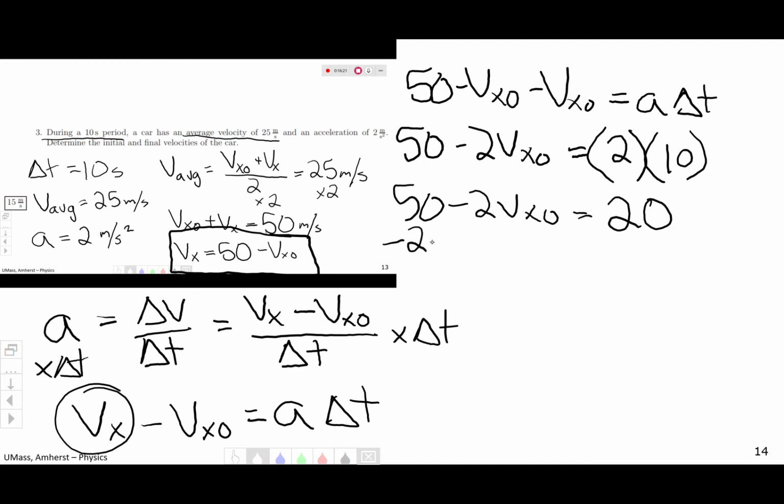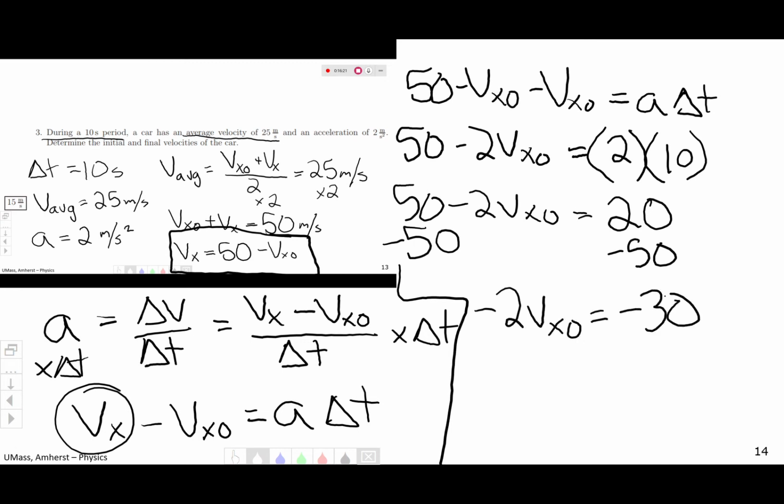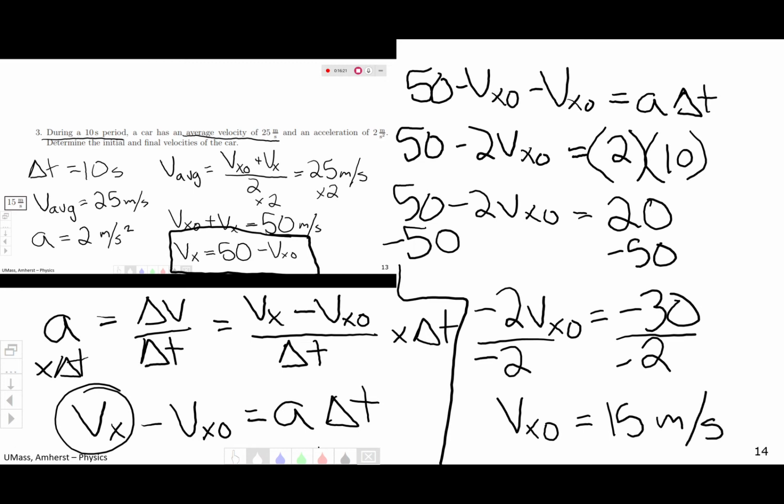Subtract 50. And we have negative 2 Vx0 equals negative 30. Divide by negative 2, divide by negative 2. Vx0 equals 15 meters per second. That's the first part of your answer.